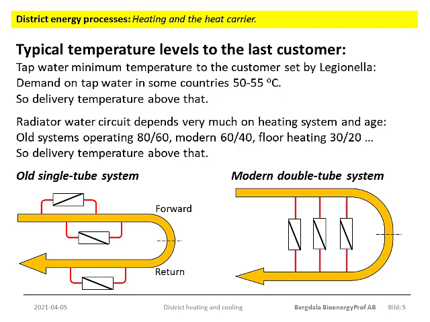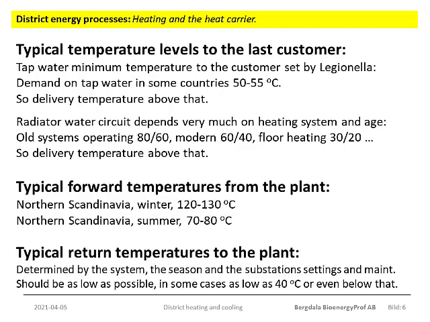No matter how the customers are connected, by the far end the water comes back to the heating plant again, and then it has a low temperature, and then it is again reheated and pumped out again. The return temperature should be as low as possible, but no value can be given for this, because it depends on so many different factors.